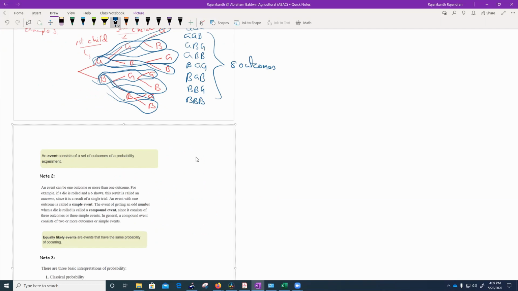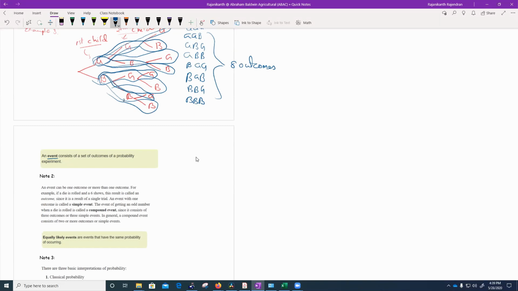Okay, let's move to the next definition. An event consists of a set of outcomes of the probability experiment. That means an event is a kind of subset of my sample space. The outcomes you could collect for an event come from your sample space.